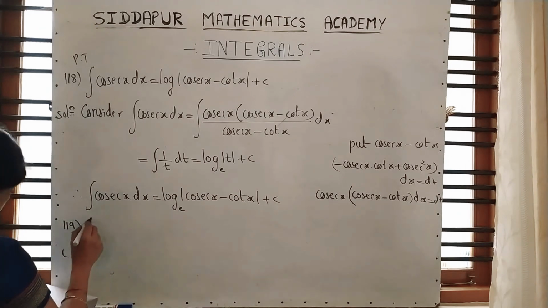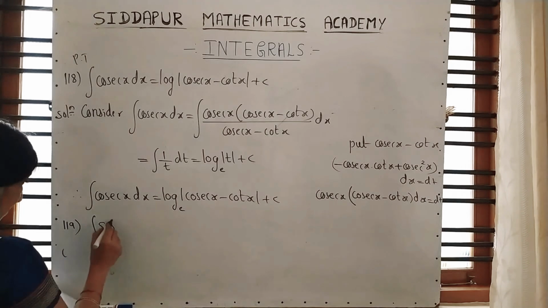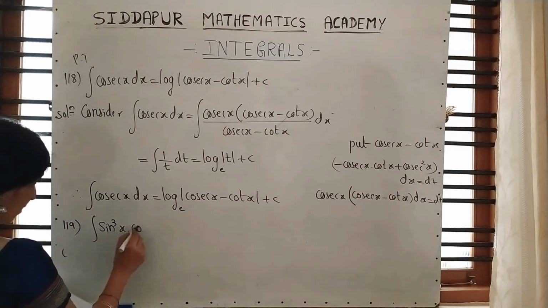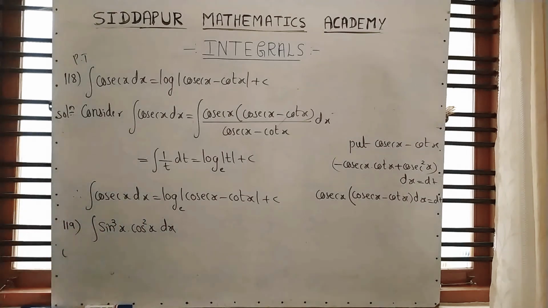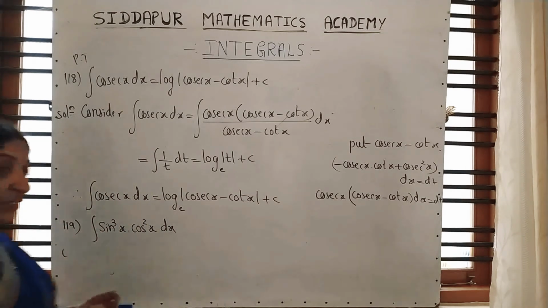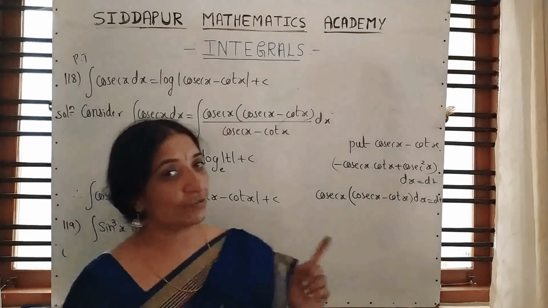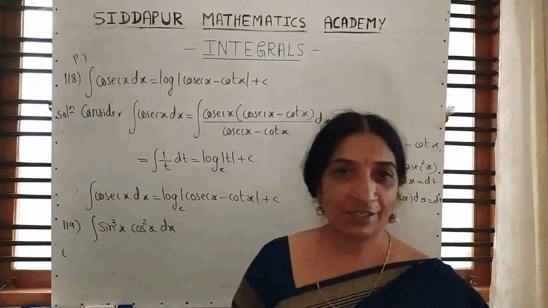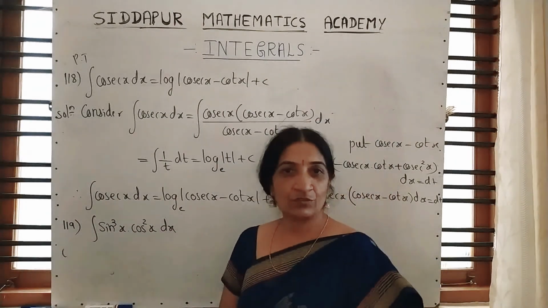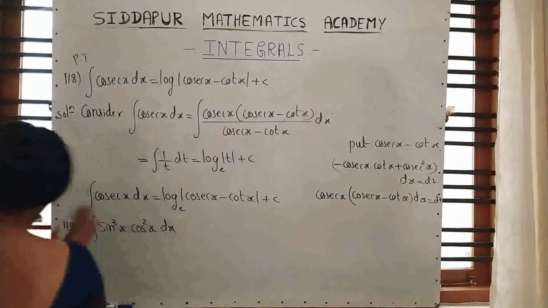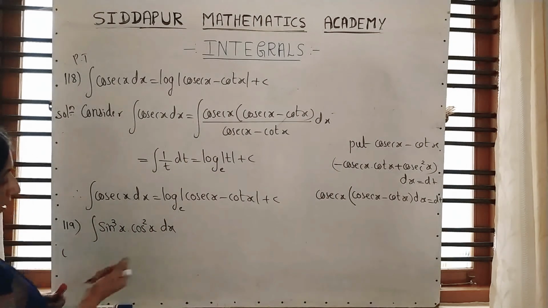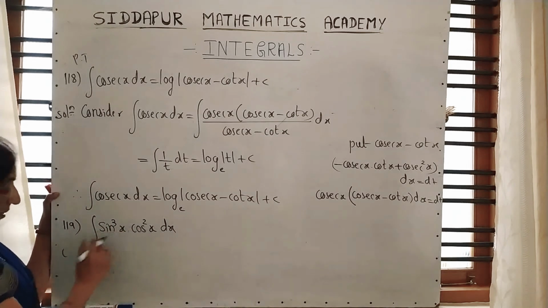Next, integration of sin cube x into cos square x. Just think what will be the substitution. You know that differentiation of sine gives you cos but not cos square, and differentiation of cos gives you sine, not sine cos square. Cos gives you sine, not sine cube. Then what are you doing here?